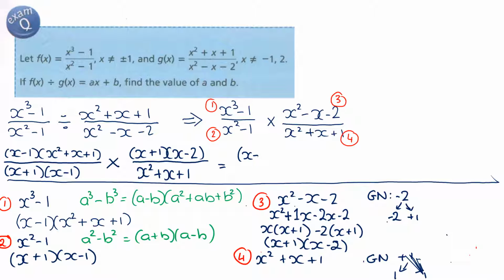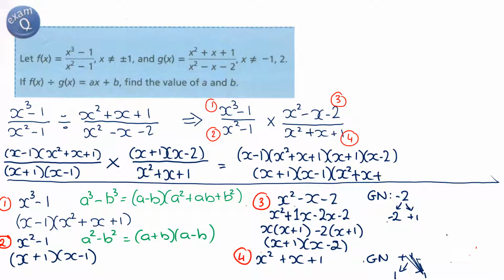So we have an x minus 1. We have an x squared plus x plus 1. We have an x plus 1 and an x minus 2. So here's our x plus 1 on the bottom, x minus 1, and it's just being multiplied by my x squared plus x plus 1.